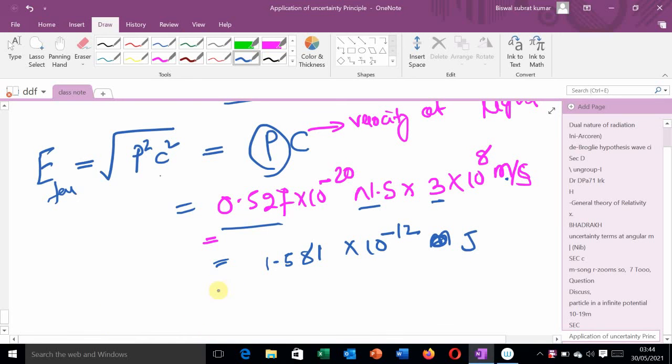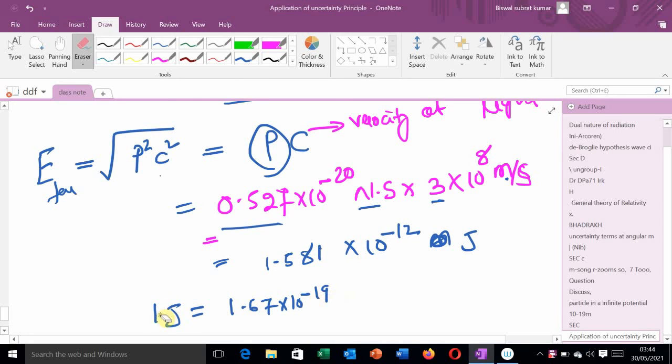If you convert this to electron volt, then you have to divide by the quantity 1.67 into 10 to the power minus 19.